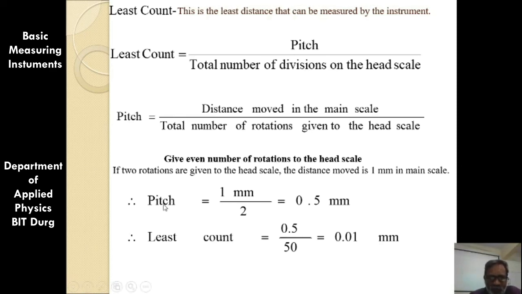Here, I give 2 rotations, it moves 1 mm, so the pitch becomes 0.5 mm. Least count is equal to pitch, that is 0.5 mm, divided by number of divisions on the head scale or thimble, that is 50. So the least count becomes equal to 0.01 mm or 0.001 centimeter.